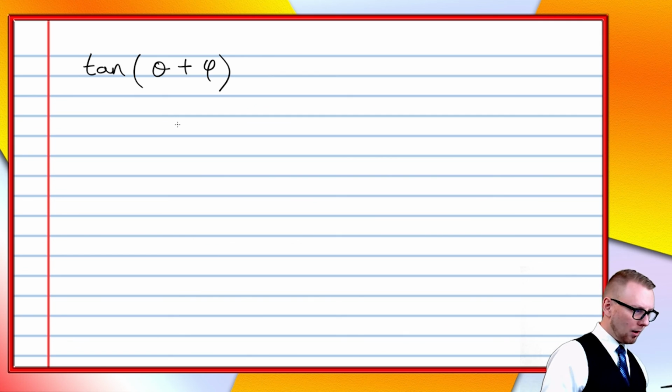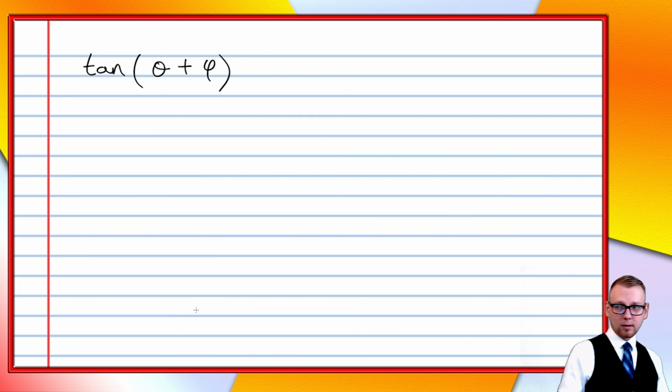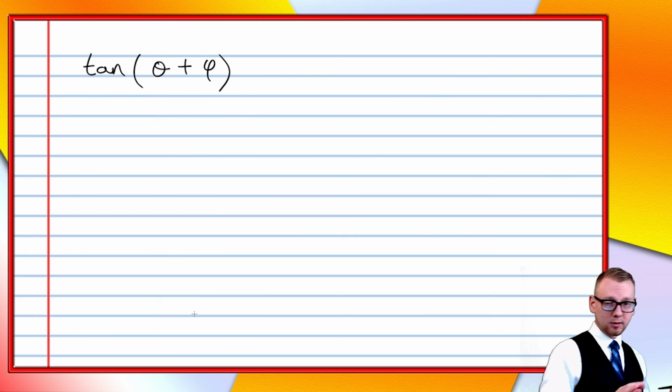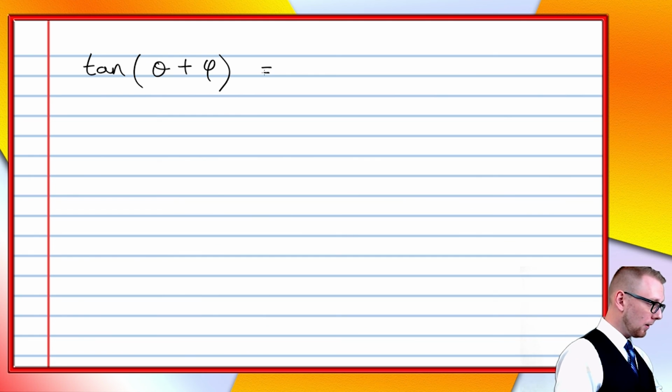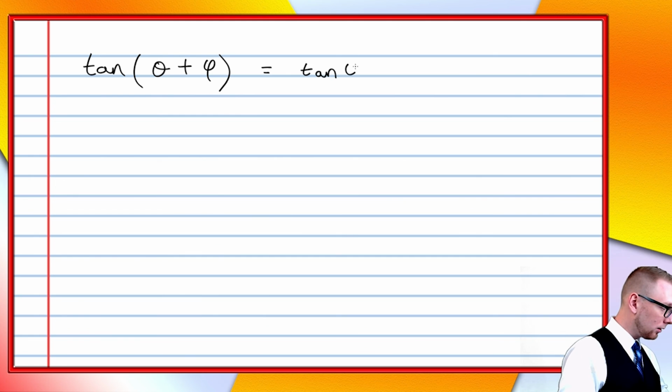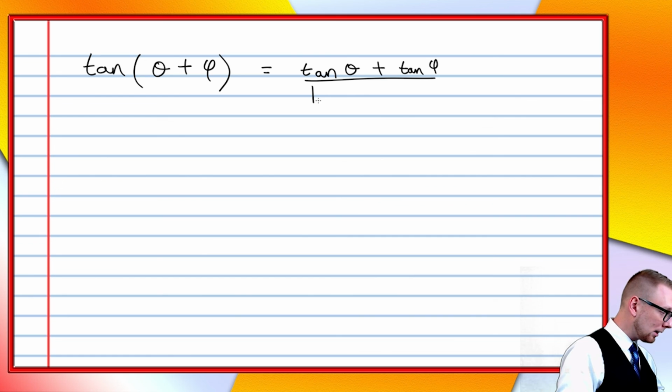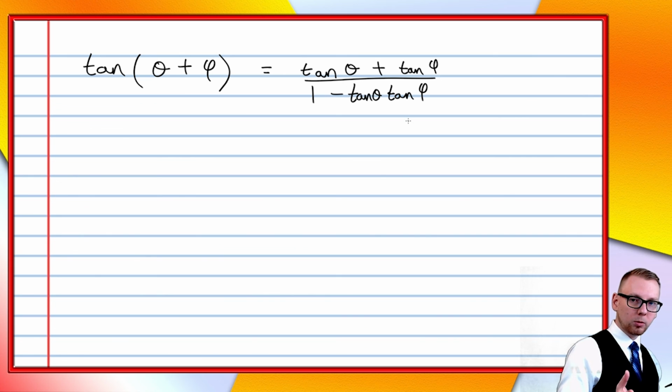But if you remember, another trig identity, the tan of the sum of 2 angles is going to be tan theta plus tan phi over 1 minus tan theta tan phi. Well, what was theta and what was phi?